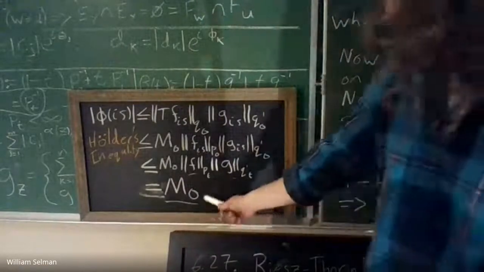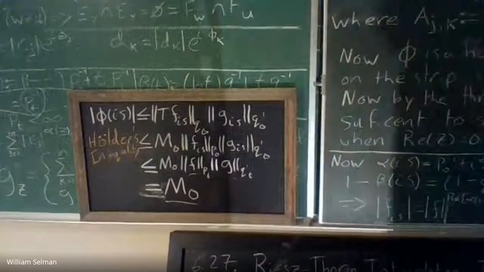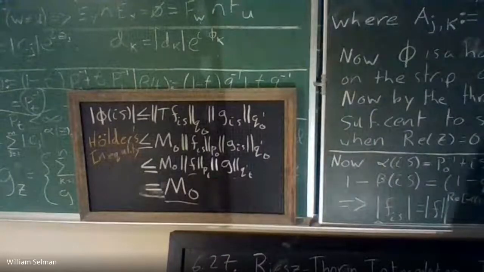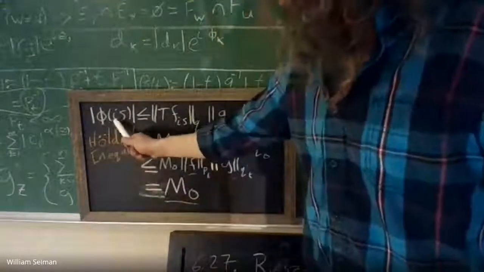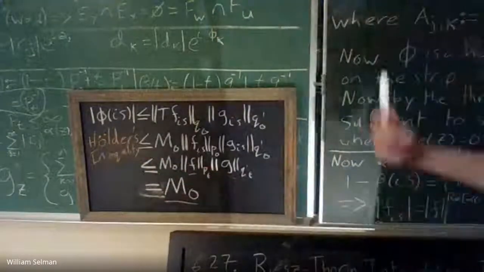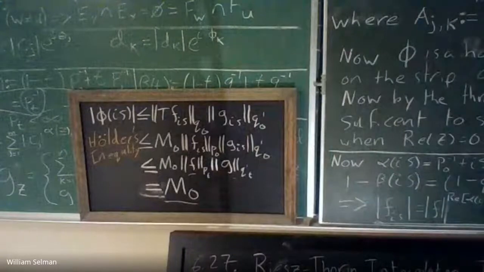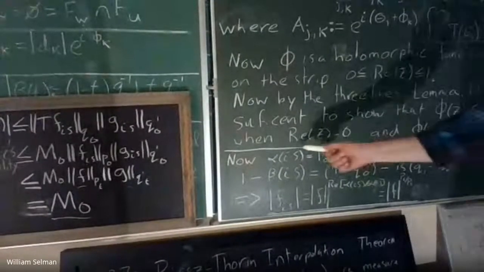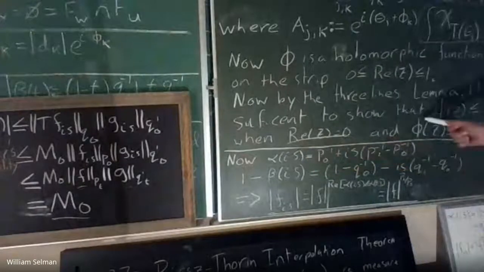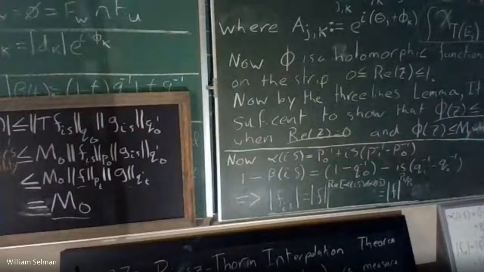So now we have a bound on our function when we take phi of is. But this is when the real part of z is 0. So we met the first criteria for using our three lines lemma, which was that when the real part of z is equal to 0, phi of z is bounded by M naught.